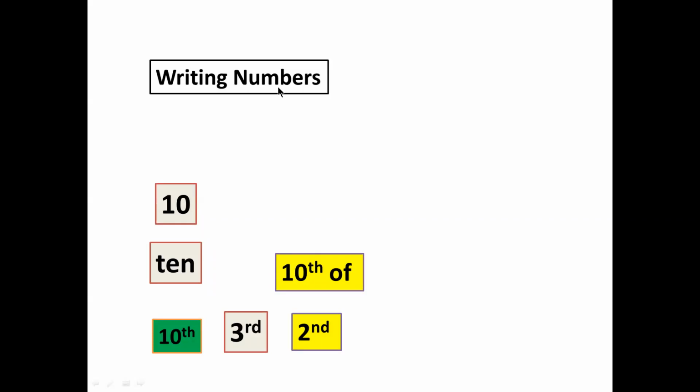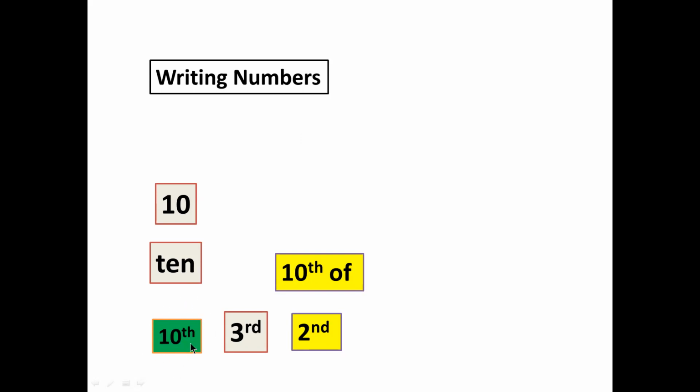Writing numbers. As the tip suggested, it's always better to write figures rather than words, unless you're sure of the spelling. What about these numbers, like 10th, 3rd, 2nd? These are considered as one word.